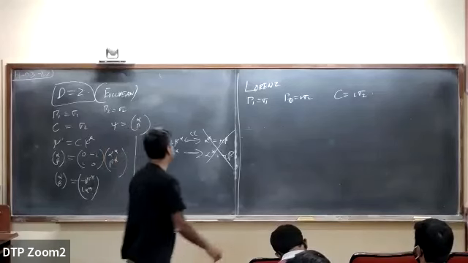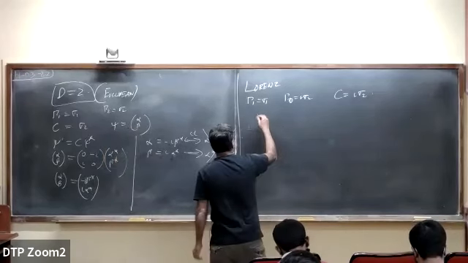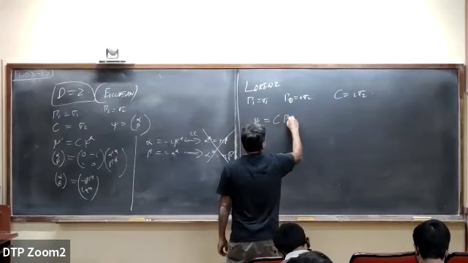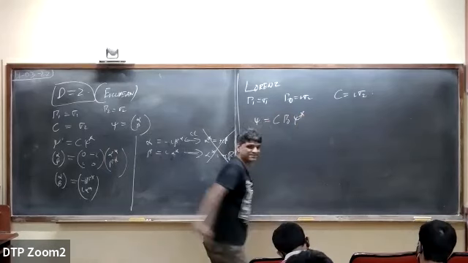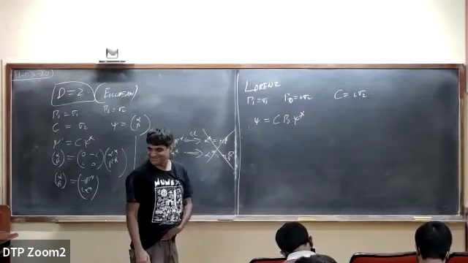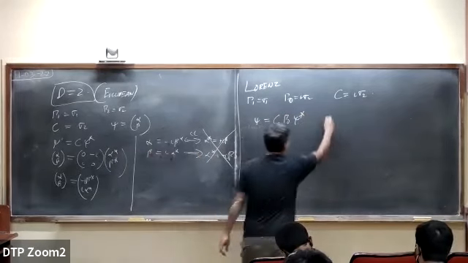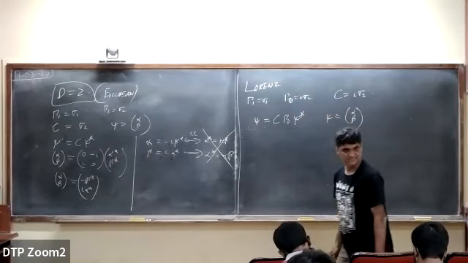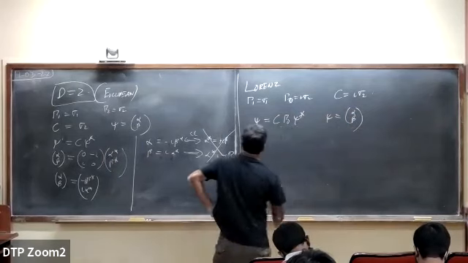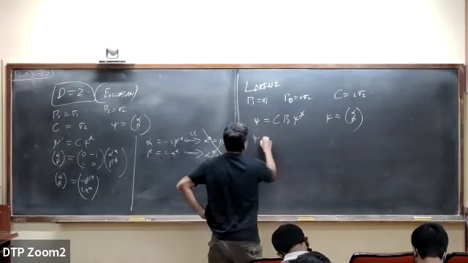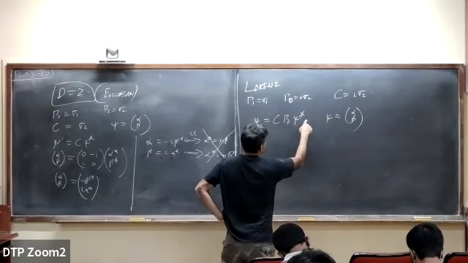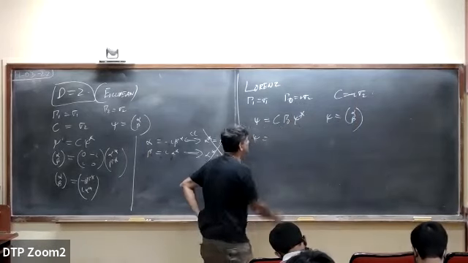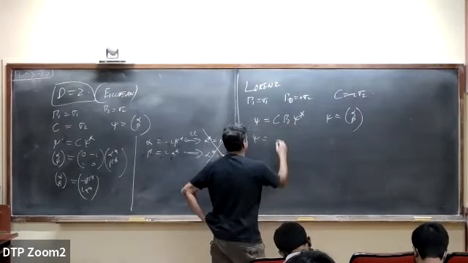Okay, so now our reality condition was psi is equal to C times gamma 0 times psi star. Once again we choose psi is equal to (alpha, beta), and we get psi equal to i sigma 2 times minus i sigma 2 times psi star, so that's equal to psi star.